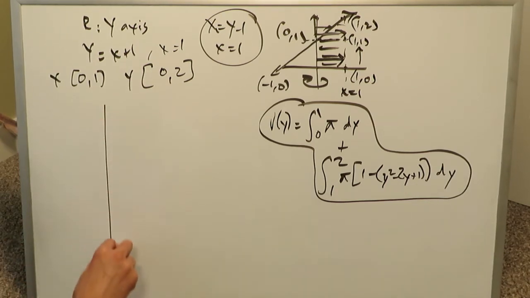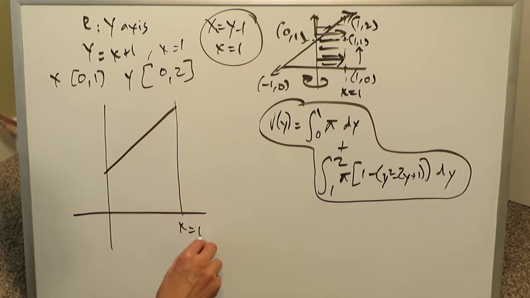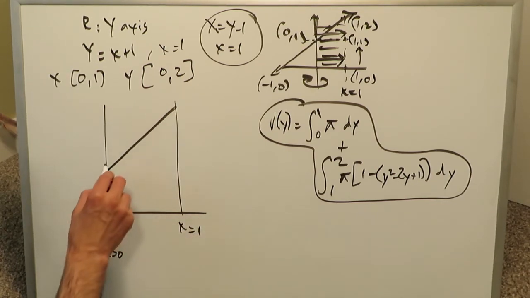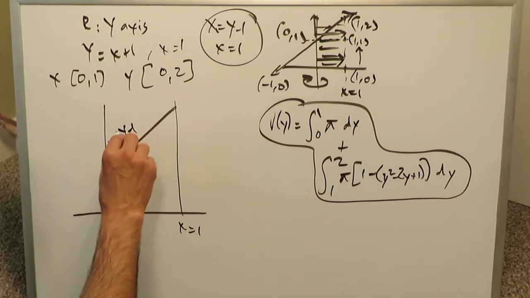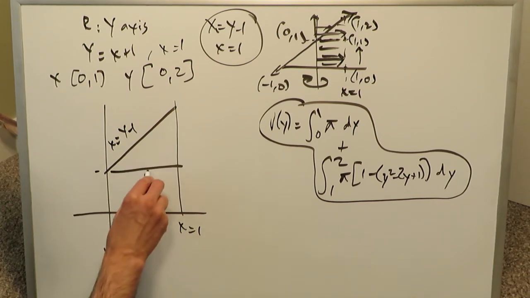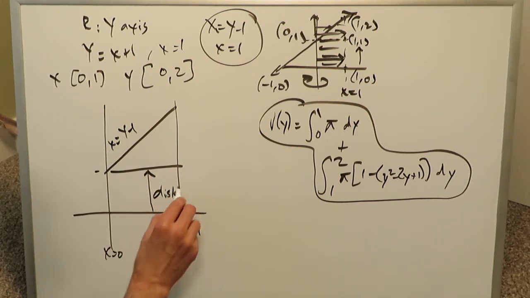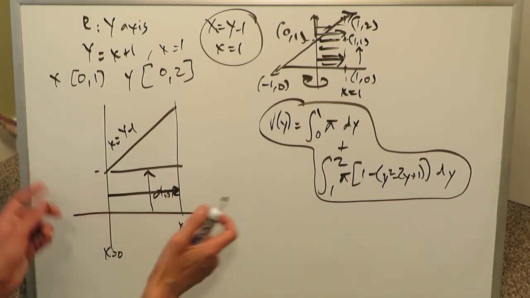Again, if it wasn't clear, let's blow everything up here. My curve is this. Here's my x equals 1, here's my x equals 0, my rotational line, and here we'll write this as y minus 1, which is x equals y minus 1, or y is equal to x plus 1. From right here to right here, we're only seeing the disk method show up, and we look across, and here's my radius, which is just 1.